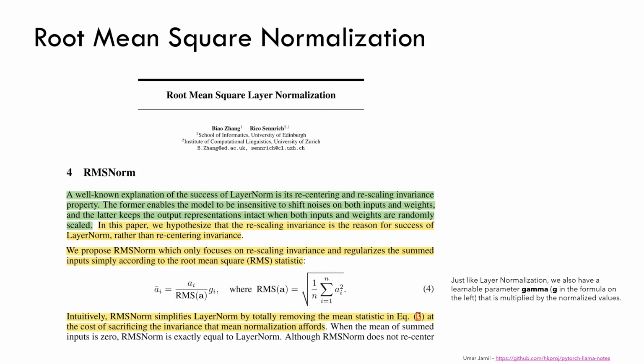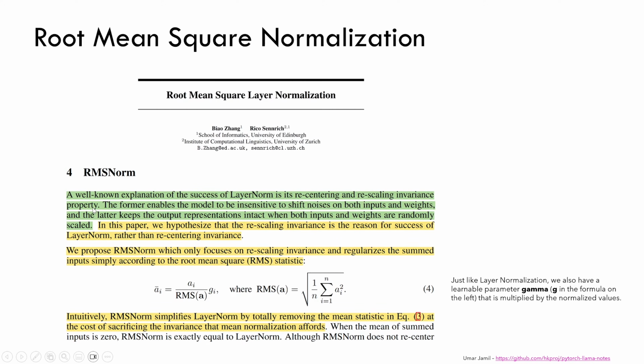Now let's talk about root mean square normalization, the one used by LLaMA. Root mean square normalization was introduced in the paper "Root Mean Square Layer Normalization" by two researchers. Let's read the paper together. "A well-known explanation of the success of layer norm is its recentering and rescaling invariance property."